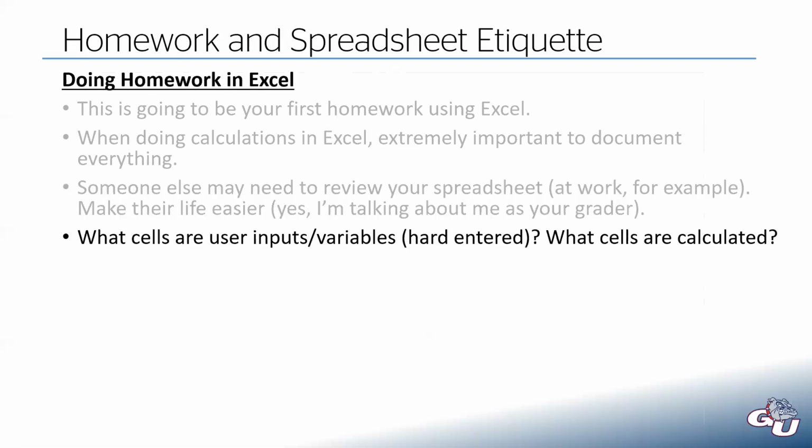One important thing to consider is to identify what cells in your spreadsheet are what I call inputs or variables, which are hard entered values, and then what cells are calculated values, which cells are using formulas versus which ones you are just hard entering in yourself.